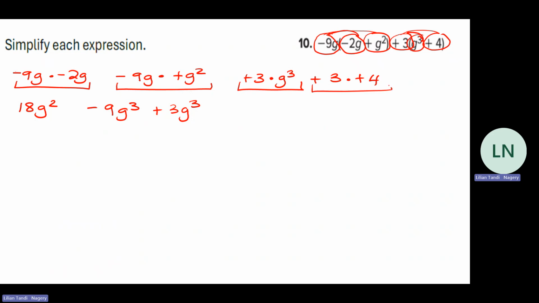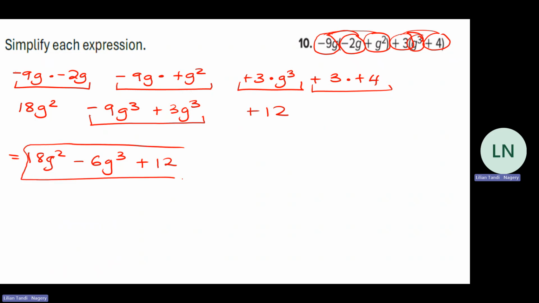And this one becomes positive 12. These are friends, so our answer is 18G squared minus 6G cubed plus 12. And you box your answer.